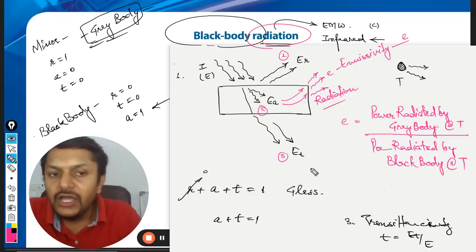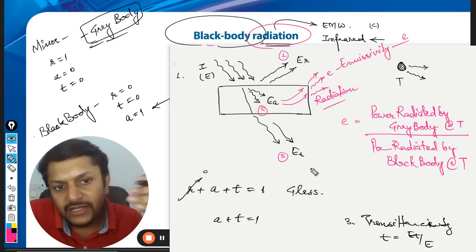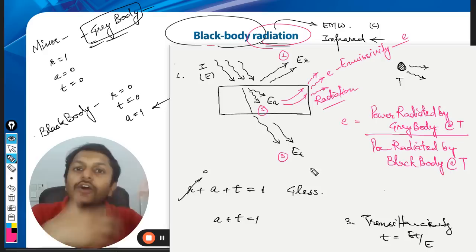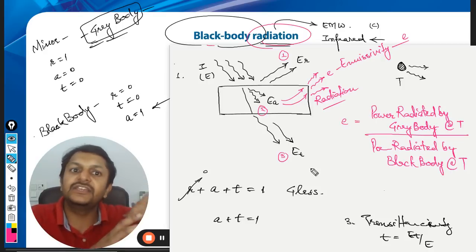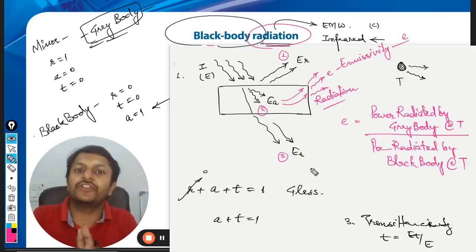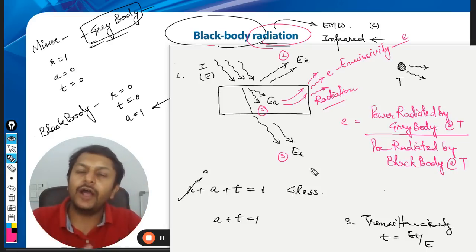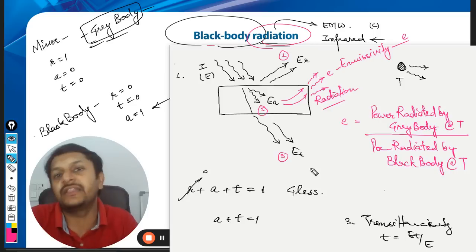It's a comparison factor with which you can compare the quality of radiation, or the capability of the body to emit the energy back again. Like in 1 second, how much energy can be emitted by the body?